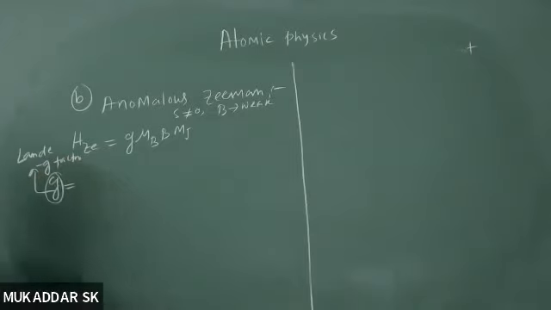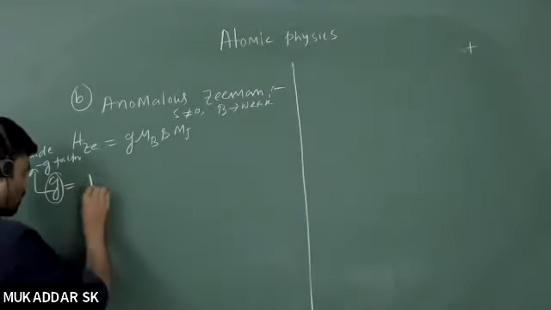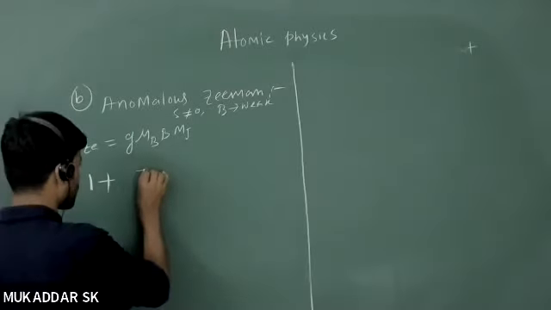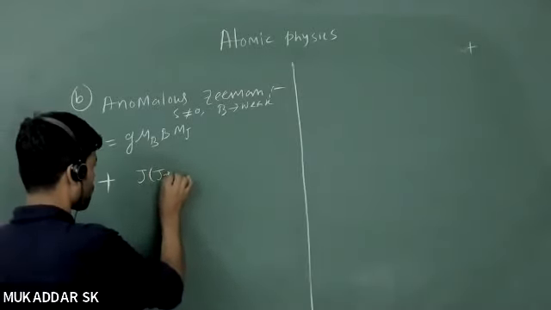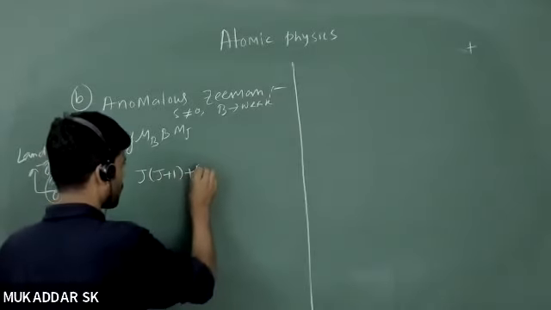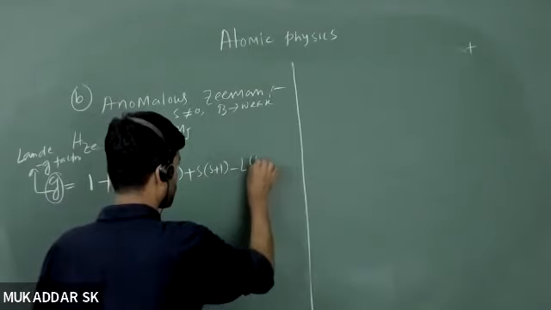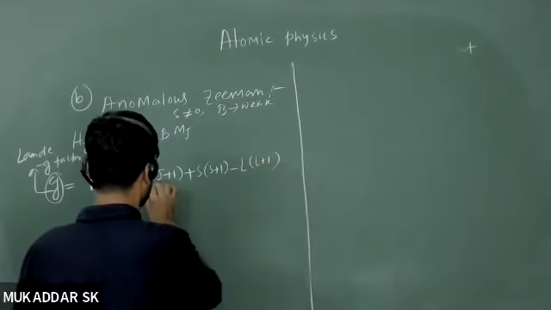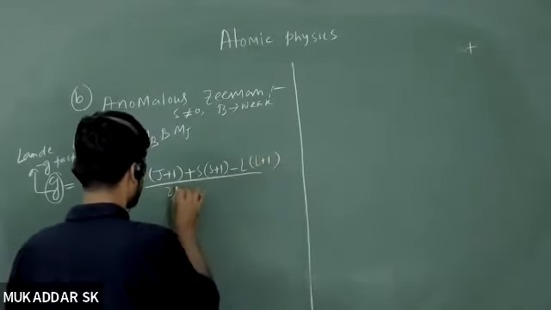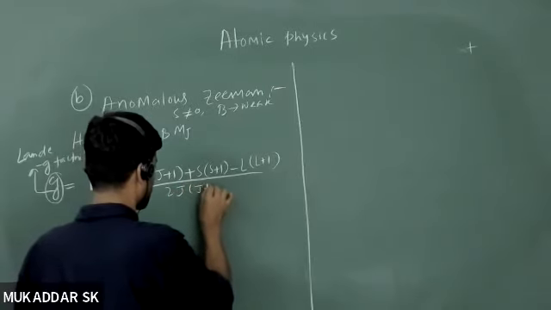This is very important in spectroscopy, because the Lande g factor basically defines the amount of splitting between two successive sublevels. And this is the form: g equals 1 plus J into J plus 1 plus S into S plus 1 minus L into L plus 1, divided by 2J into J plus 1.